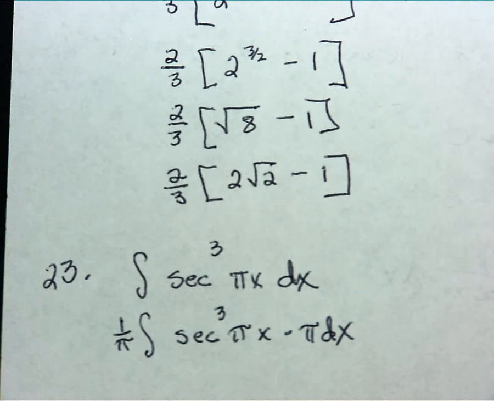So, I don't have to deal with that anymore. Now, according to example 5, when you have an odd power of secant, how do you break it apart?